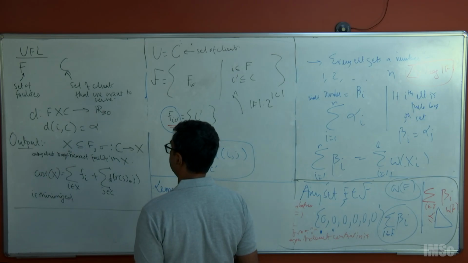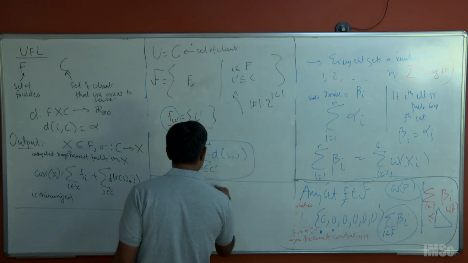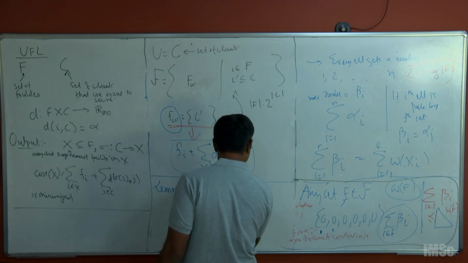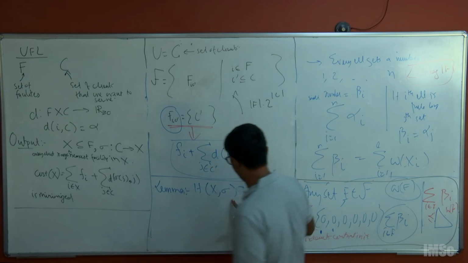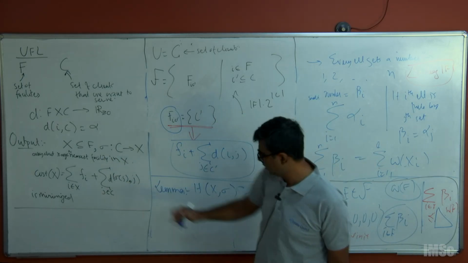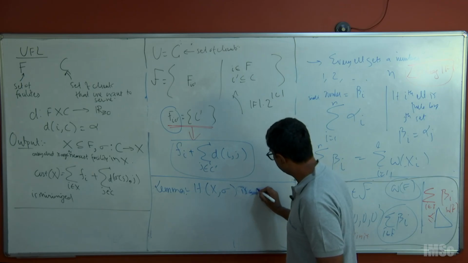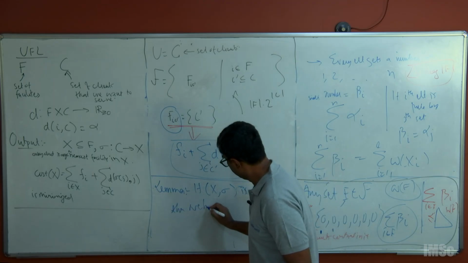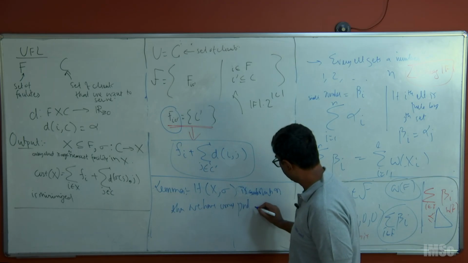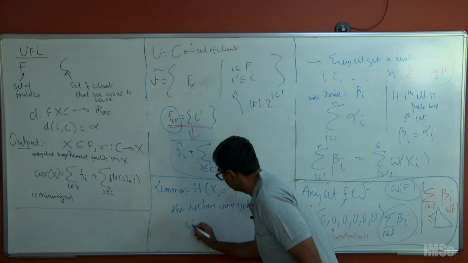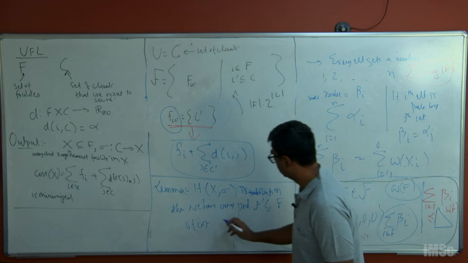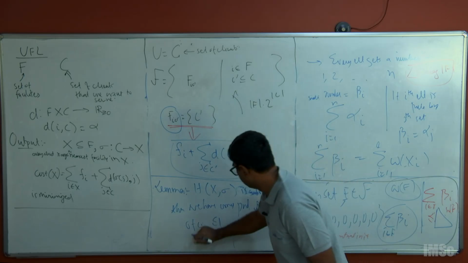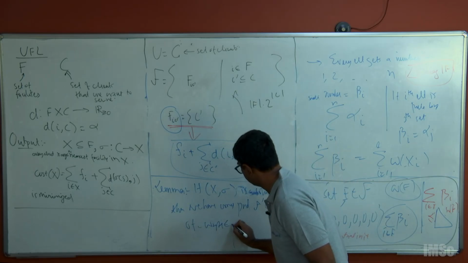What I want to prove is the following lemma: if (X, rho) is a solution, where X is given to me and rho is given to me, if (X, rho) is a solution of cost at most L, then we have a corresponding F prime subset of F of weight at most L. That's the first lemma.